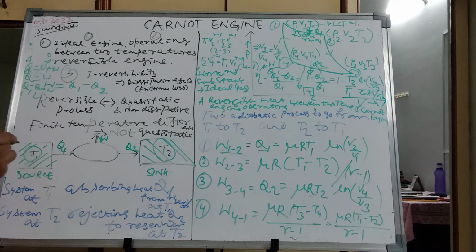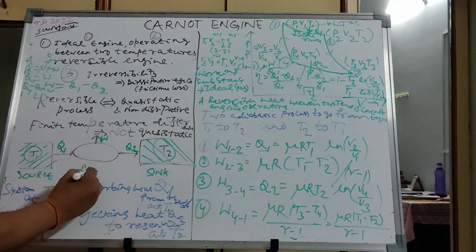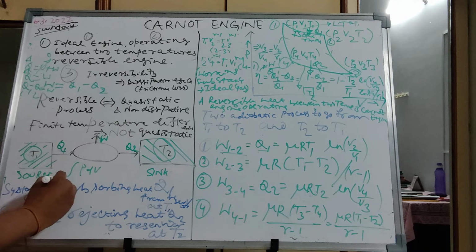Why is it so? Because we have the integral of P dV from V1 to V2 in an isothermal process.